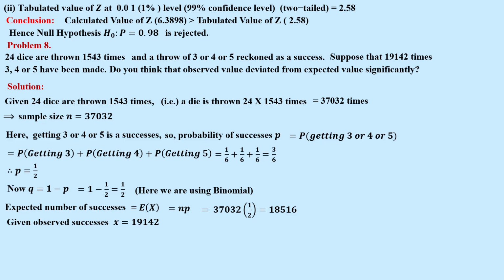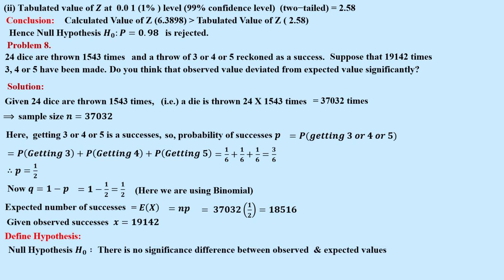Given observed success is 19,142, that is x. So define hypothesis. Null hypothesis: there is no significant difference between observed and expected value. Alternate hypothesis: there is a significant difference. So test statistic is equal to x minus np by root of npq. np is the mean and npq the variance of the binomial.